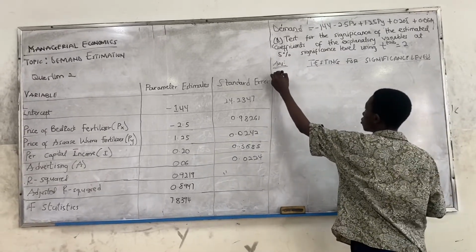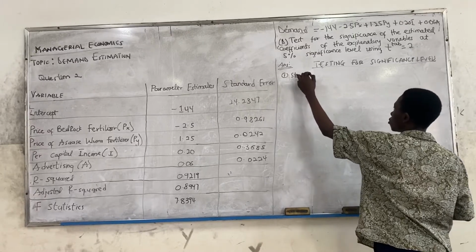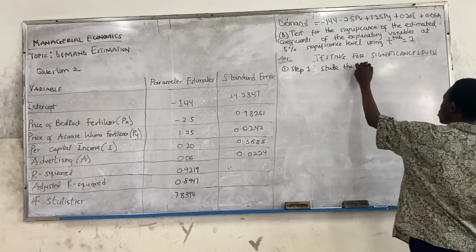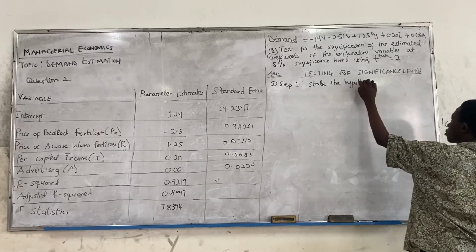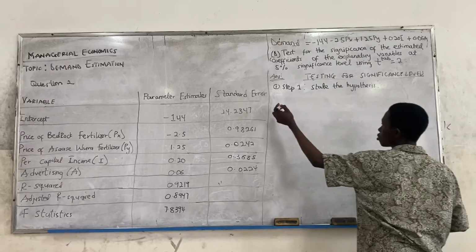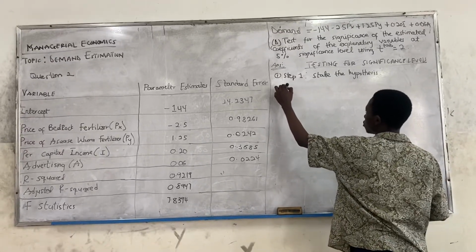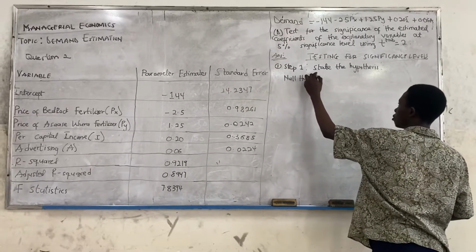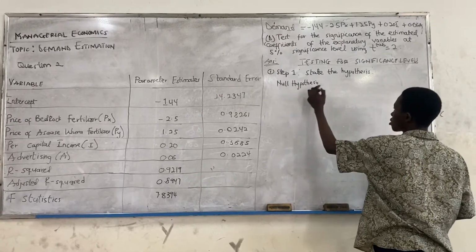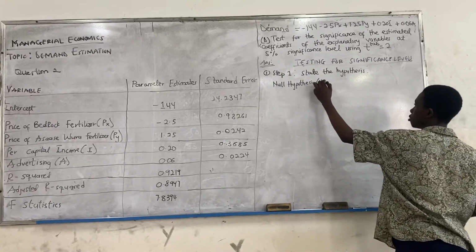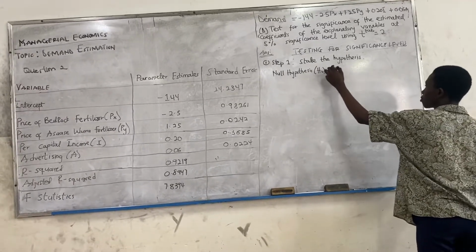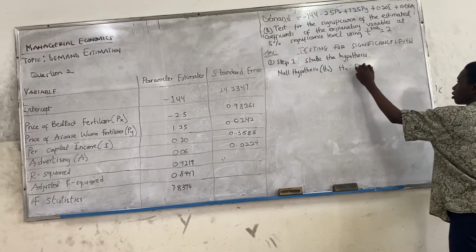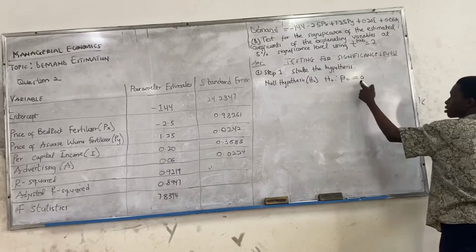So the first step, step 1, you state the hypothesis. You have the null hypothesis, which is H0, where beta is equal to 0.